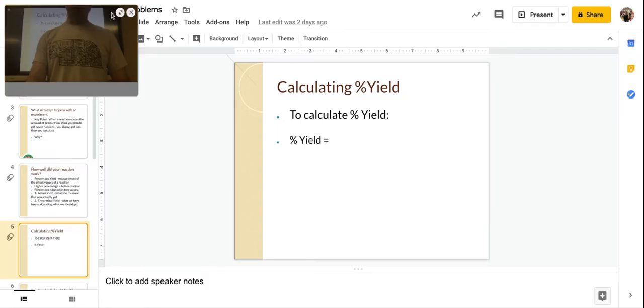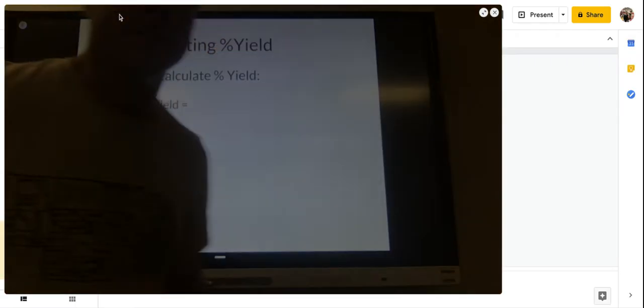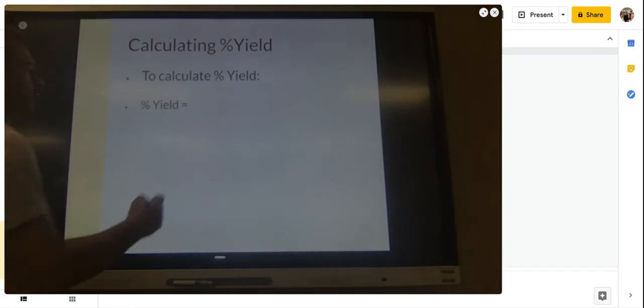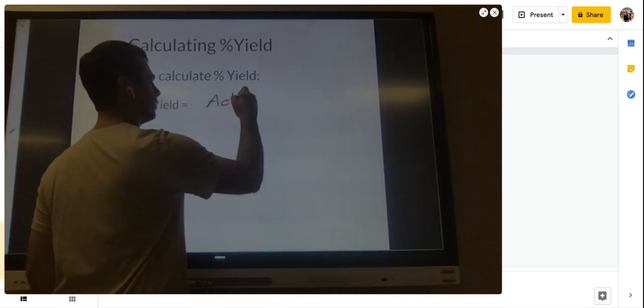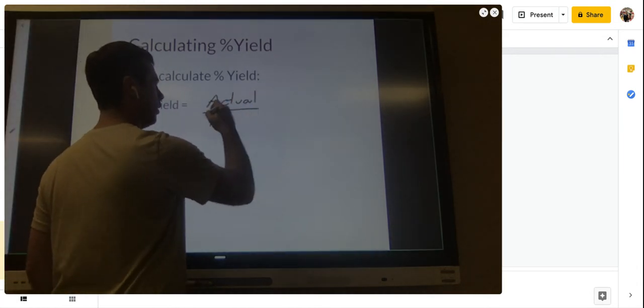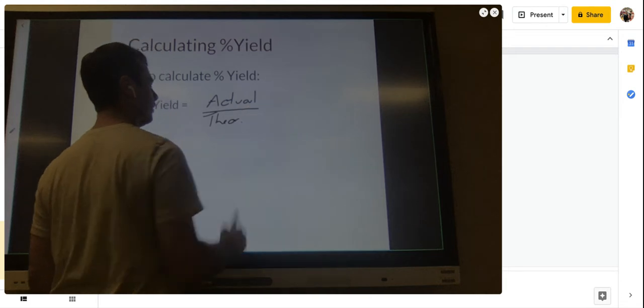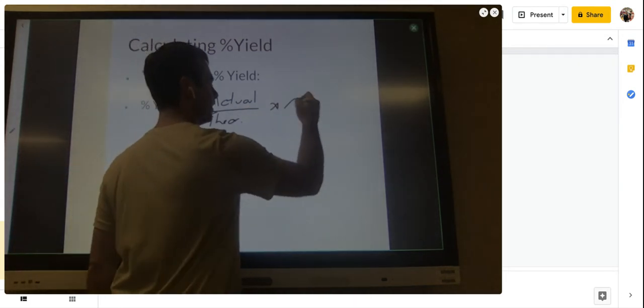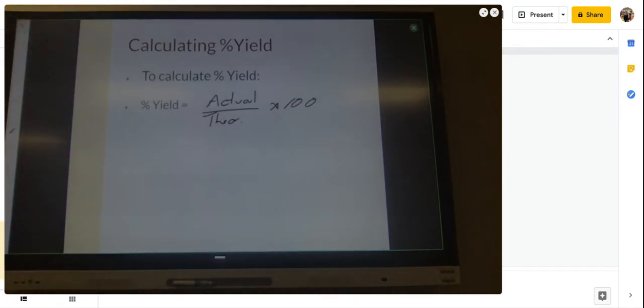All right. So we calculate percentage yield. To find percentage yield, when you get to this point of having both product amounts, you're going to use the following idea. Okay. So calculate percentage yield. You're going to take what you actually got all over the theoretical amount. And then we can make it a percentage, move the decimal 2 places, or multiply by 100. I don't want you guys to freak out too much about that.